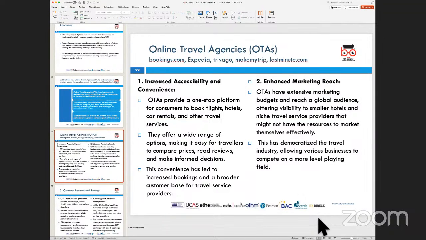So that means OTAs are slowly and gradually replacing all the intermediaries which are involved in providing services to customers between the travel agencies, or I would say between you and the supplier side of things.